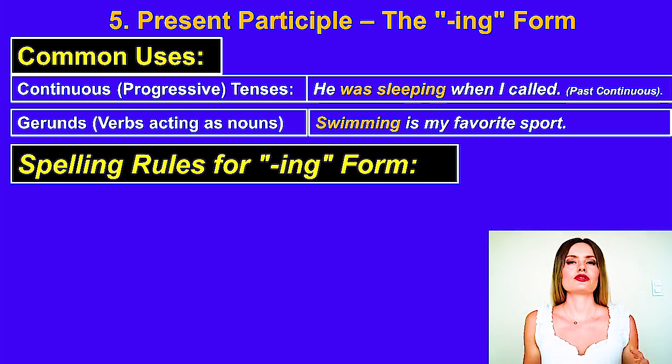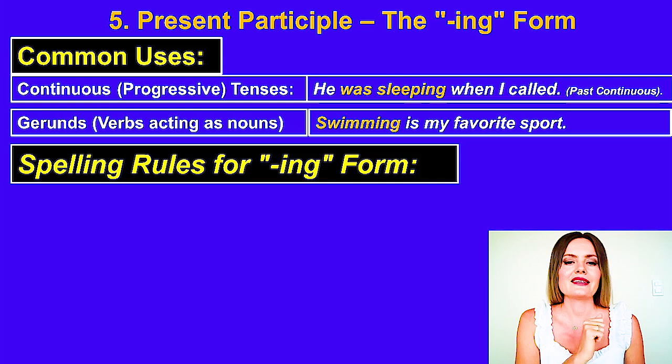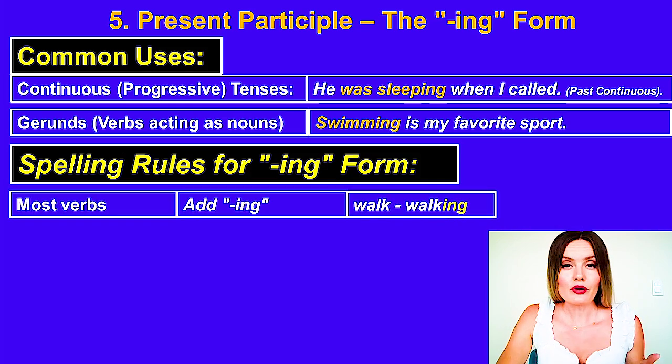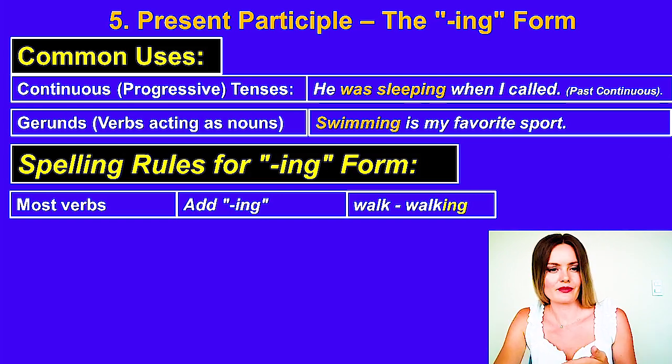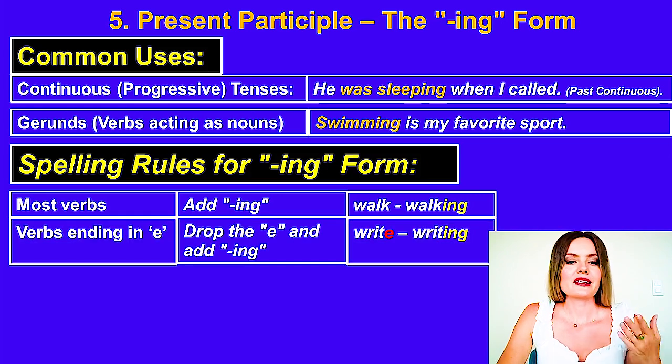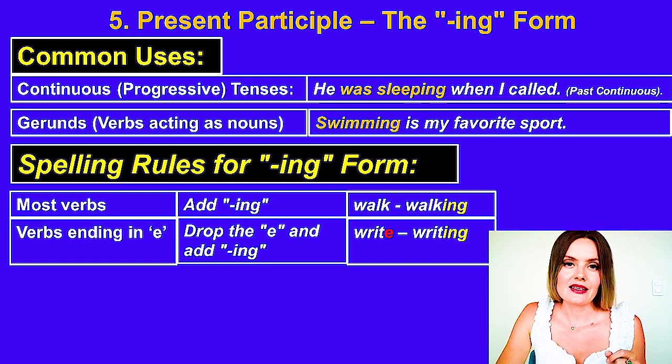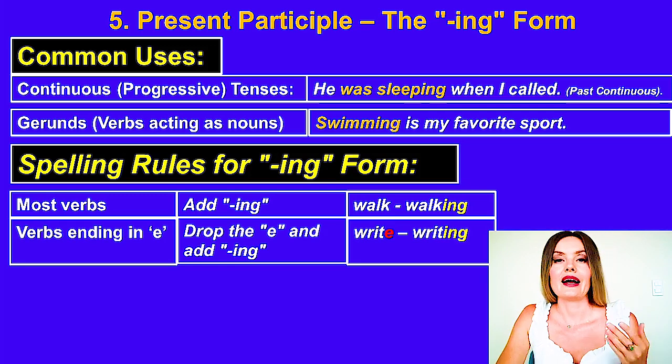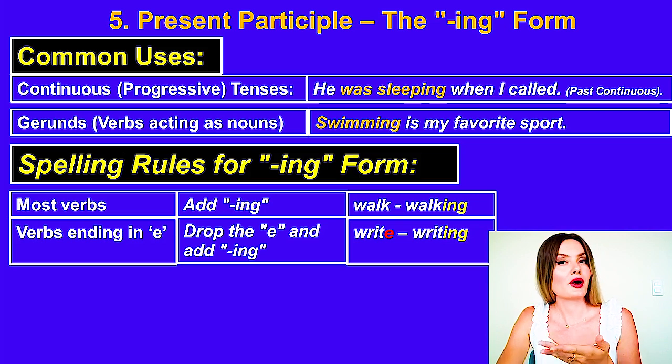Also, it's important to know how to spell those verbs when you add the ending ing to them. For most verbs, you just add the ing. For example, walk, walking. For verbs ending in silent E, you should drop the E and add ing. For example, write, writing.